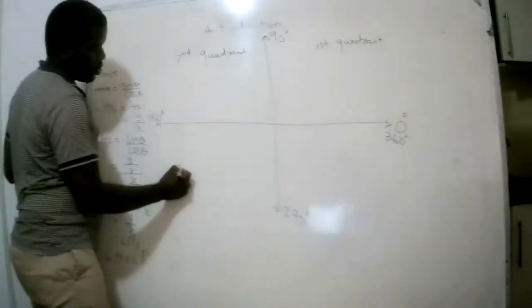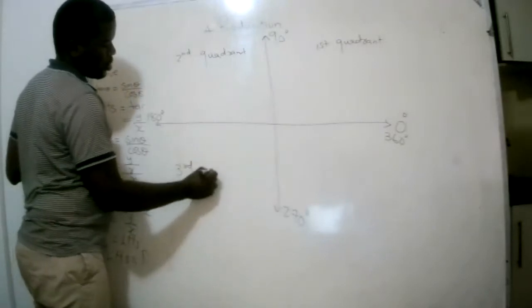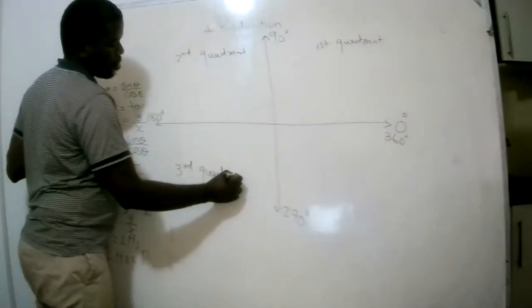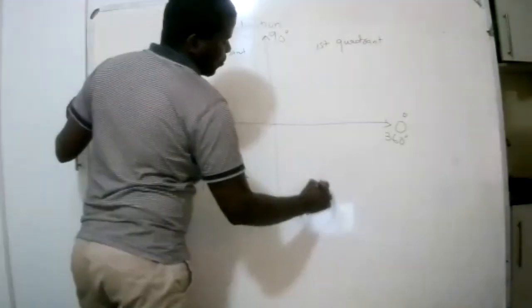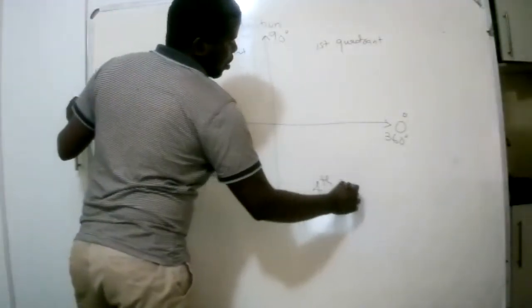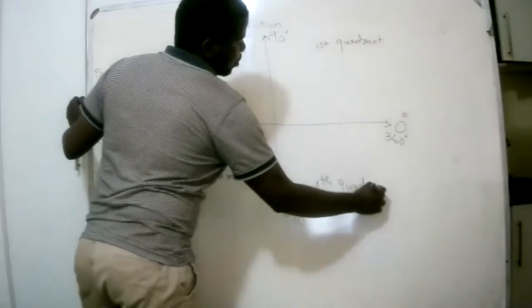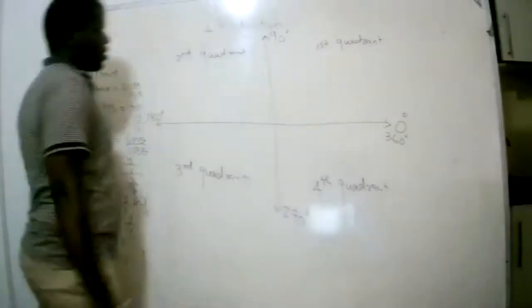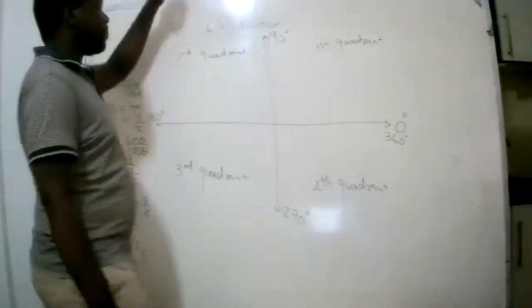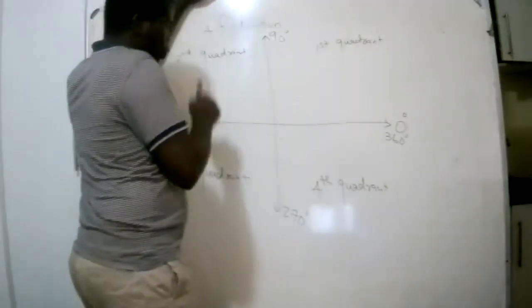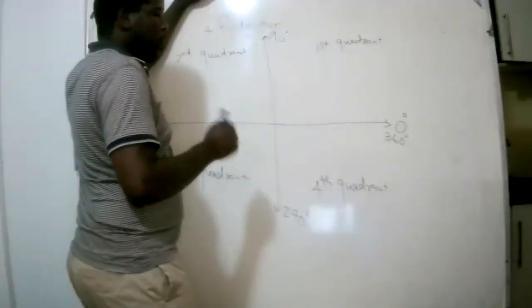And then that is called third quadrant. And then that is called fourth quadrant. Are we together? Yes.